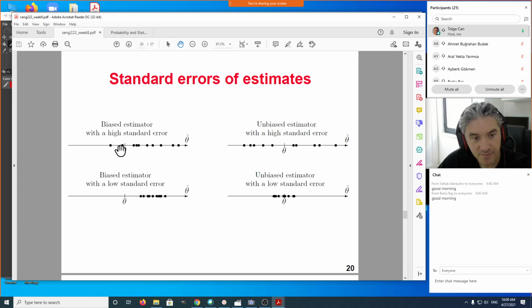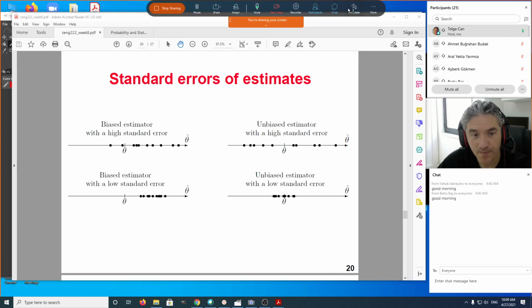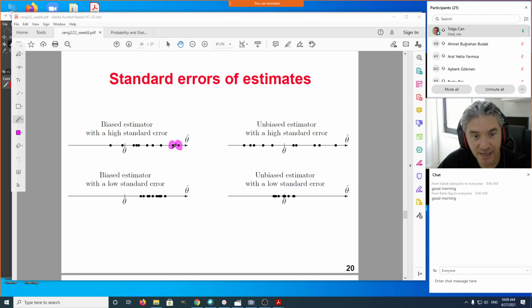Here, the black dots that you see on this figure are different theta hats that you compute. Each black dot is a sample statistic that you compute each time you select, for example, a sample of size 100. If you have selected 10 different samples of size 100 each, and each time you computed this theta hat, the standard deviation of these is called the standard error.